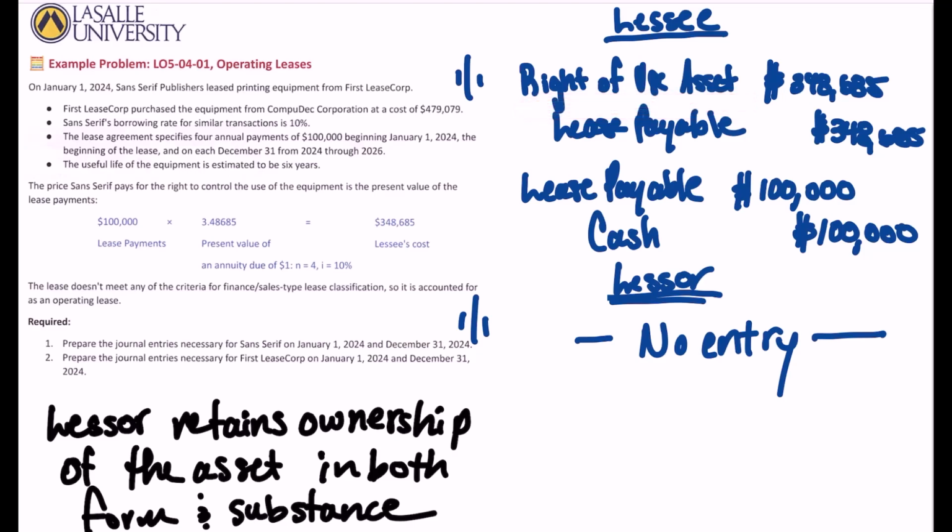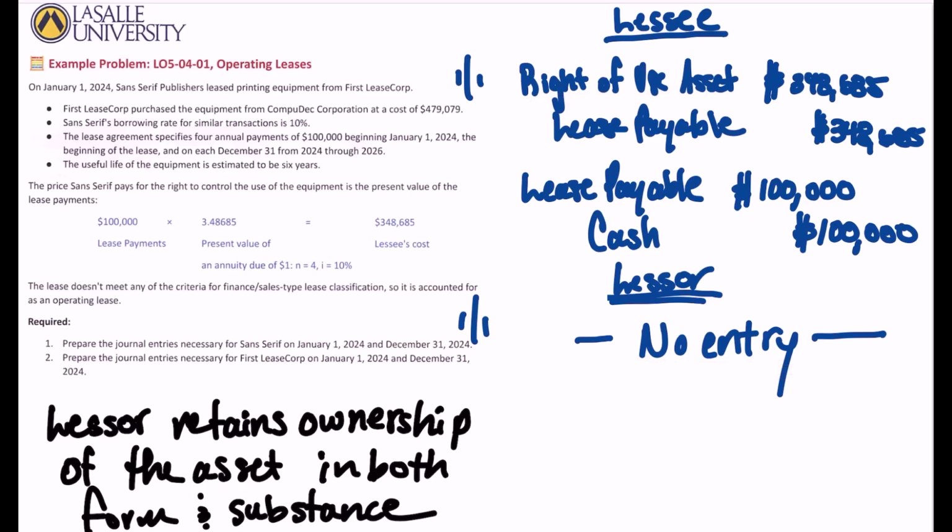Okay, so FASB would like, even if the asset is leased, it would like that the lessee indicates the assets that are being used to generate its sales and profits. Okay, so it's a little anomaly here in accounting where we have the same asset being recorded by both the lessee and the lessor, because the lessor never removes the asset from its balance sheet.